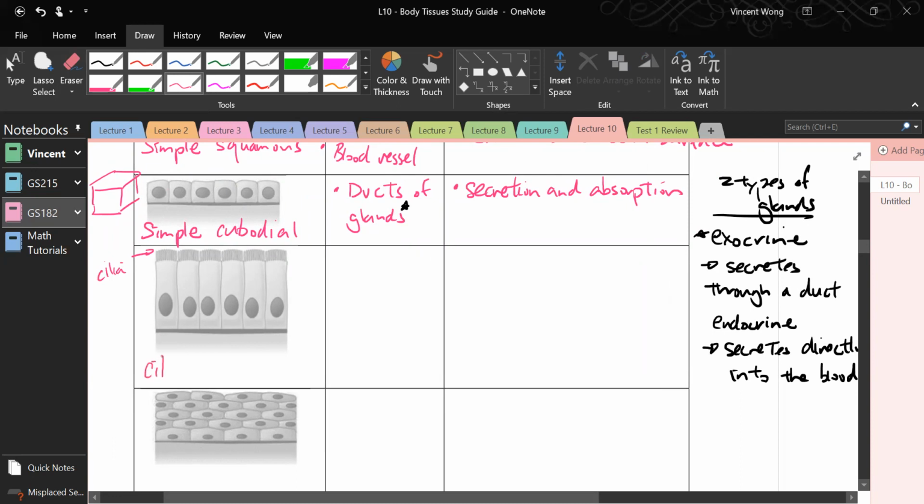So this is ciliated columnar. And you'll find them in airways and reproductive tracts, for example, in females, in the fallopian tube. These will help guide the egg.